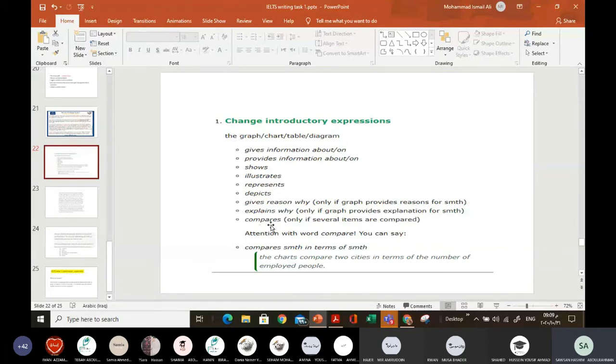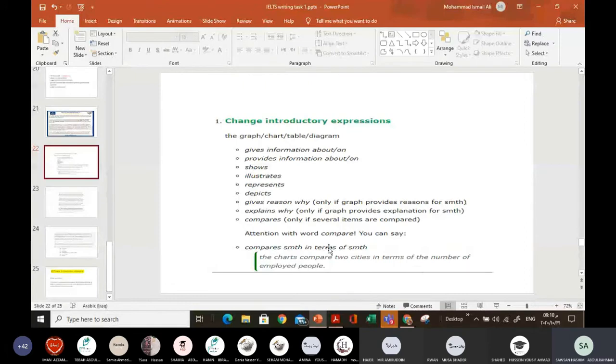Comparison, if you want to compare this and this, for example if he gives you 2 multiple charts, you are going to make comparison between them. Attention, with the word compare you can say compare something in terms of something. You use this term: the charts compare 2 cities in terms of the number of employed people.